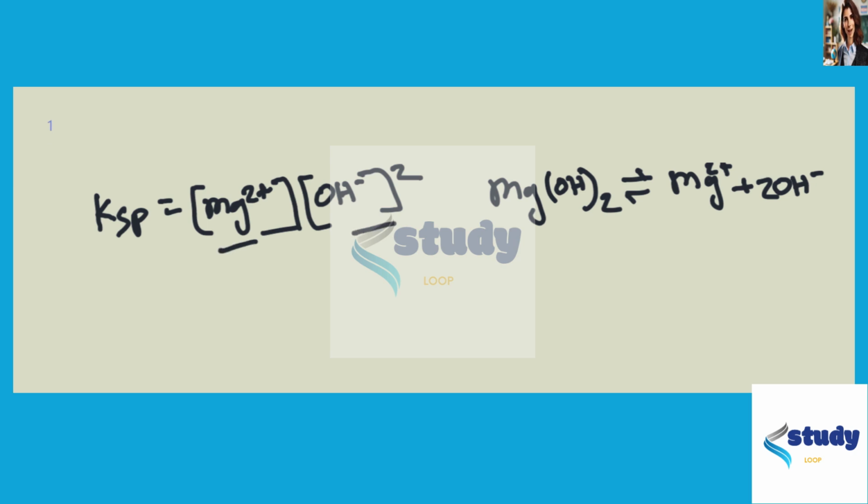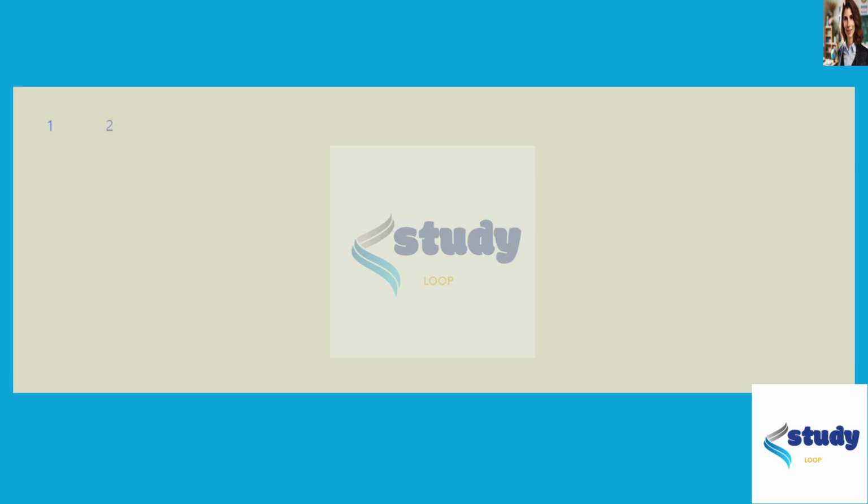So here we have to know the concentration of magnesium ion and the concentration of the hydroxide ion to find the Ksp value of the Mg(OH)2. So let's first find the concentration of magnesium ion, and for that we have to know how much ammonium ion was actually dissociating in addition of the magnesium hydroxide.